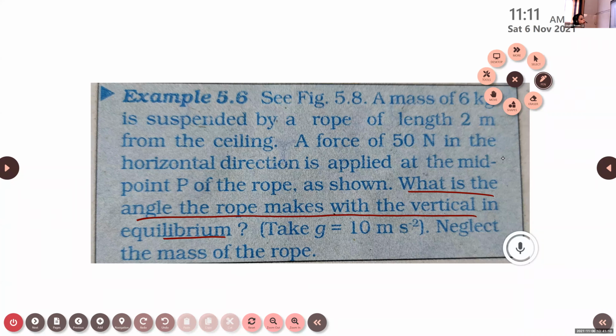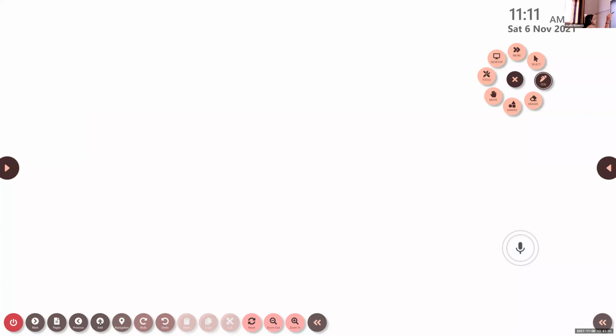Okay. A mass of 6 kilogram is suspended by a rope of length 2 meter from the ceiling. A force of 50 Newton in the horizontal direction is applied at the midpoint P of the rope as shown. What is the angle the rope makes with the vertical in equilibrium? So we can take the condition. Here we consider a rope.